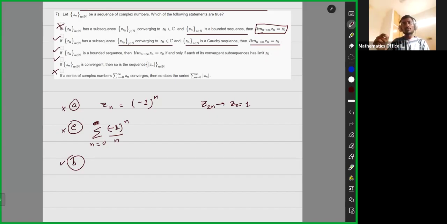So the Cauchy sequence will converge where the subsequence is converging. This is the explanation. If you want to write it, you can write it. However, see, Zn is a bounded sequence. Zn is converging to Z naught if and only if each of its convergent subsequences has limit Z naught. Yeah, this is correct.